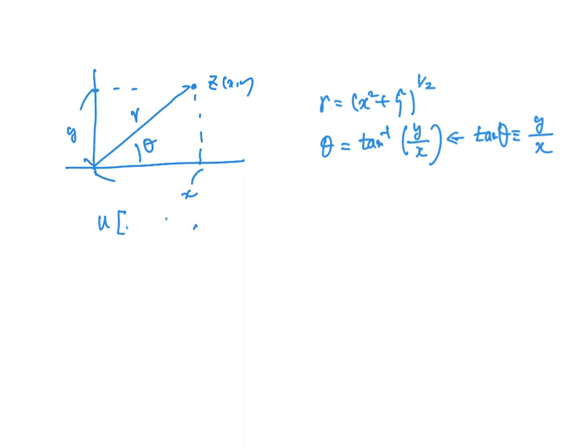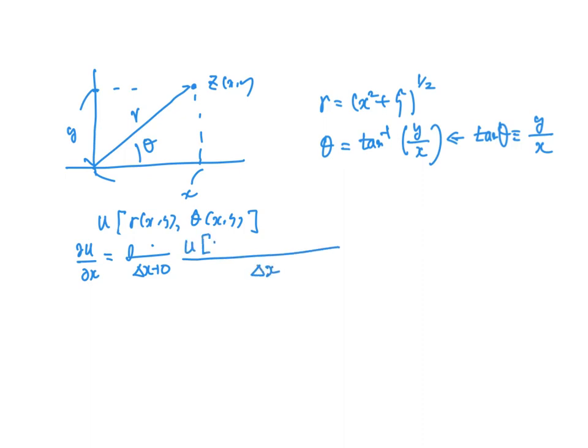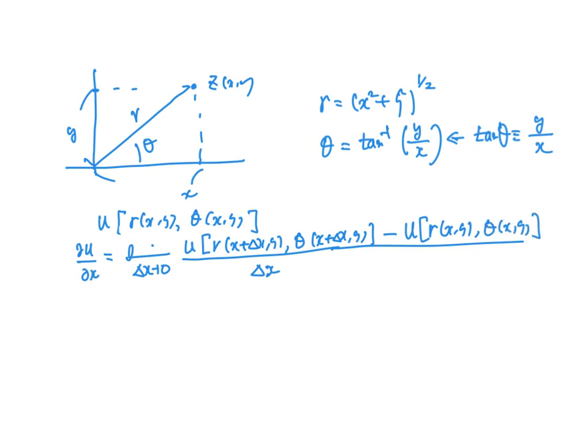If u can be expressed as u of r(x,y), theta(x,y), then partial u partial x is something like this: as delta x goes to 0, u of r(x+delta x, y), theta(x+delta x, y) minus u of r(x,y), theta(x,y).